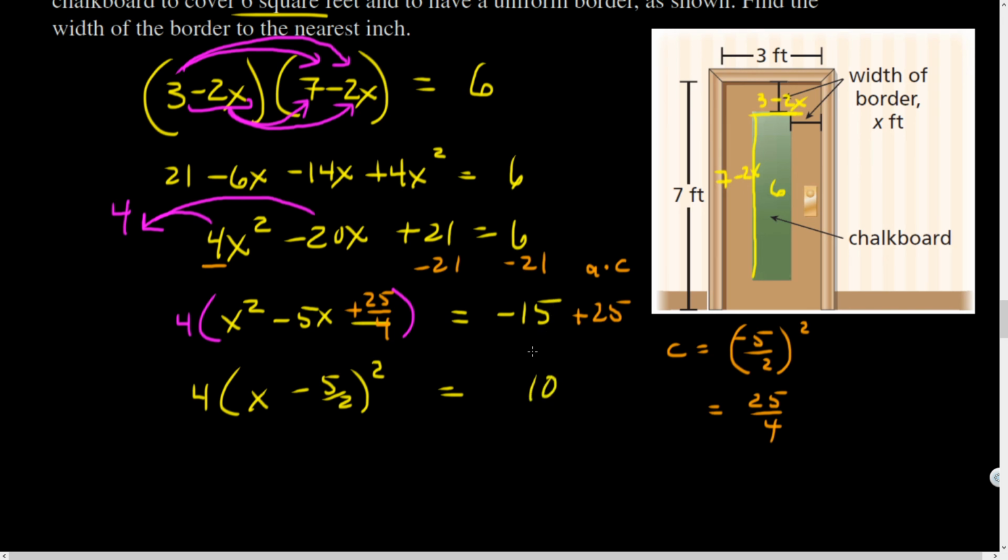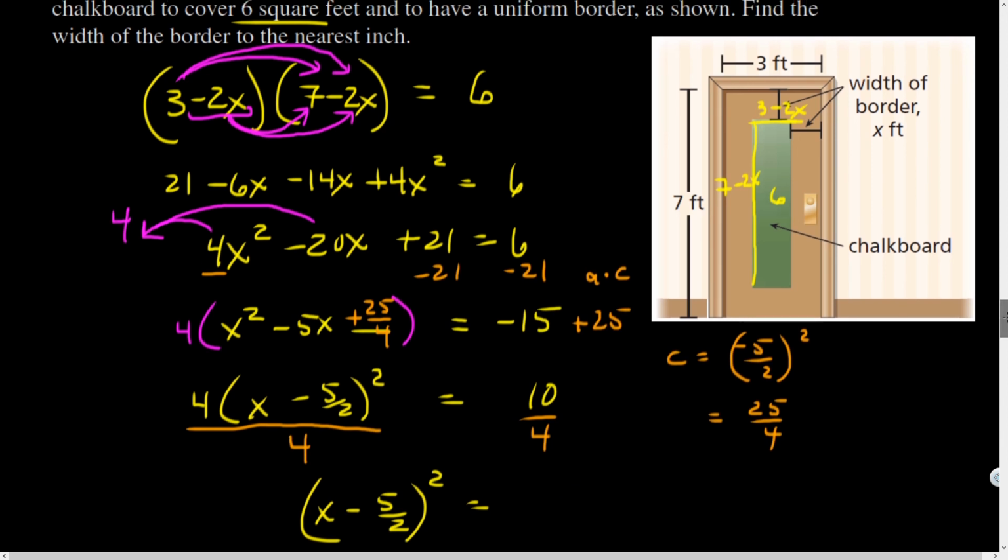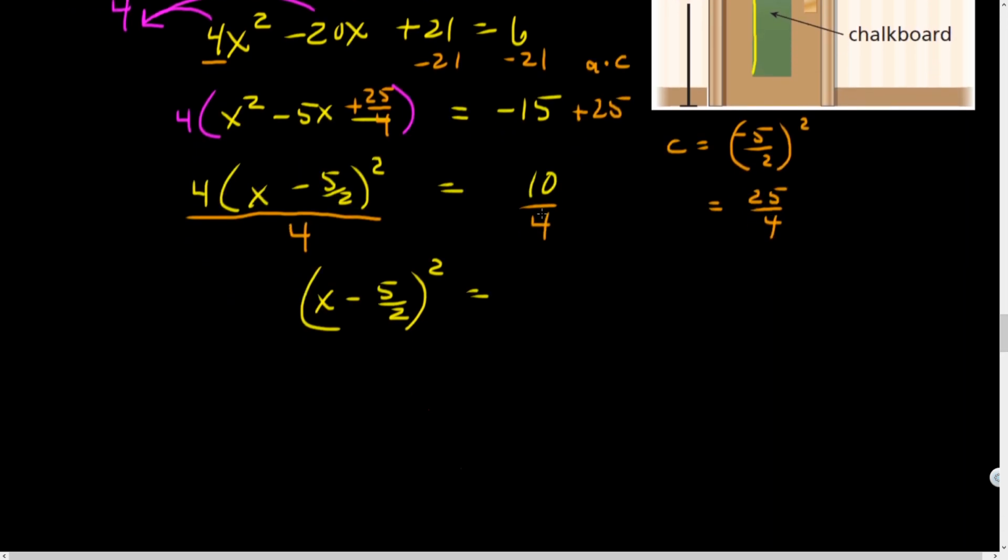I can now solve. I'm going to divide both sides by this 4 first. X minus 5 halves, all squared, equals, actually, you know what? I could have simplified this, but because I know I'm square rooting in a second, I'm going to choose not to.